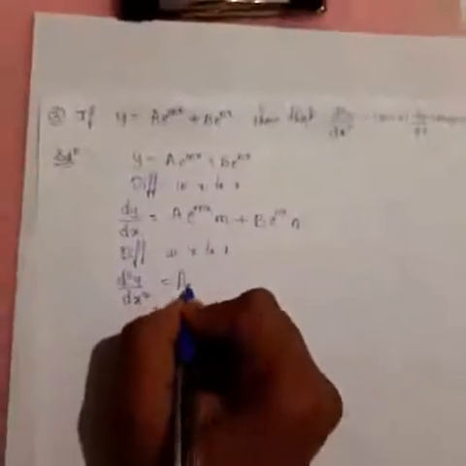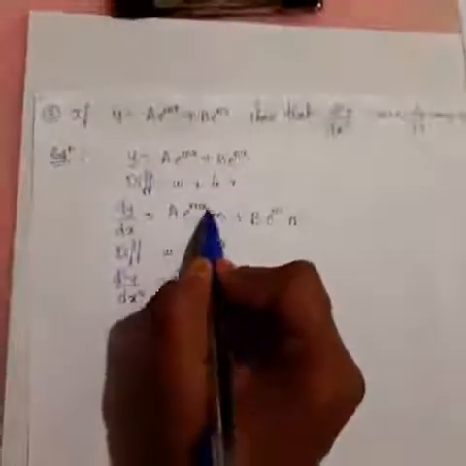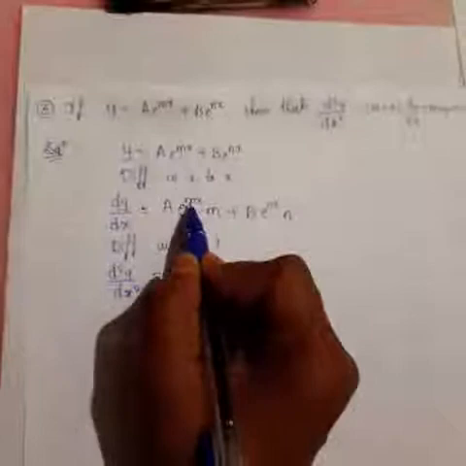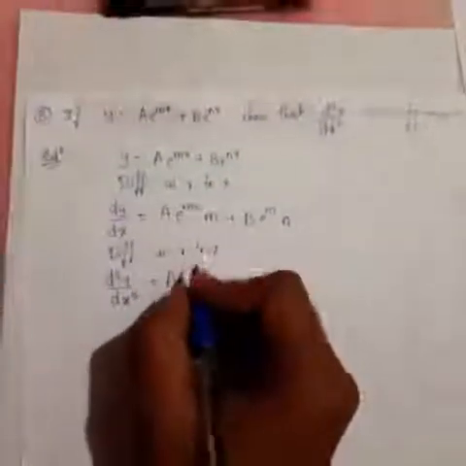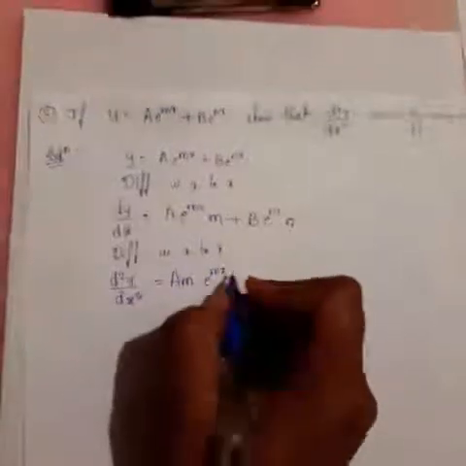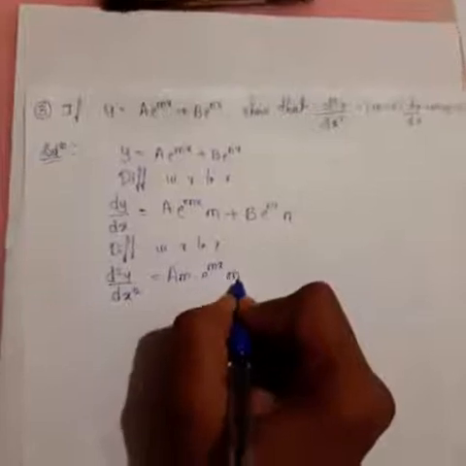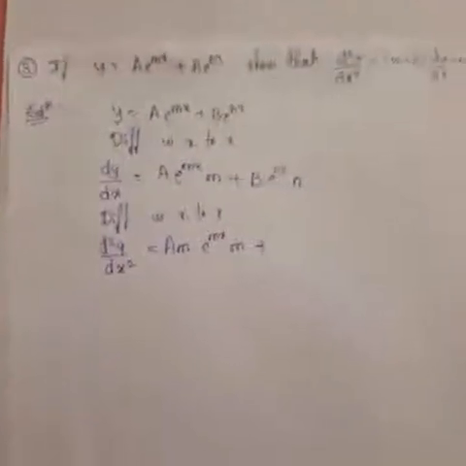That's why keep them as they are, A and m. Again we have to differentiate this only, because e raised to mx is the function of x, and the differentiation of e raised to mx is e raised to mx only. Again we have to differentiate this mx, and you will get again small m.